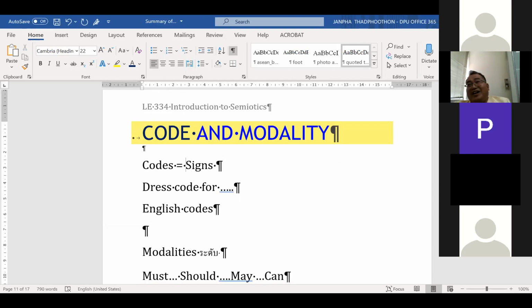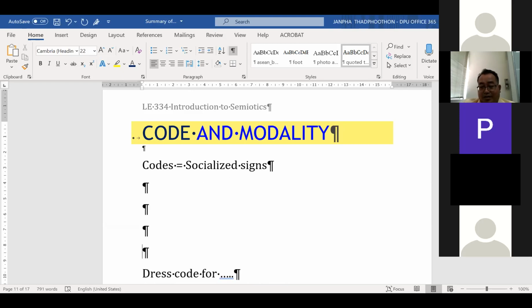A code is a sign that has been socialized. By socialized, I mean agreed upon by the people in the society. For example, I can create a code. If you are happy, clap your hand one time.